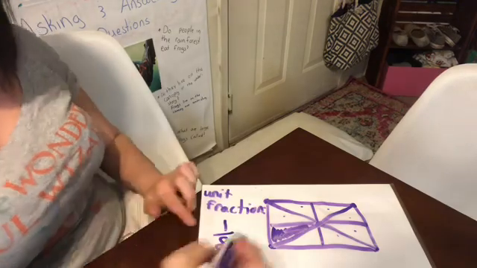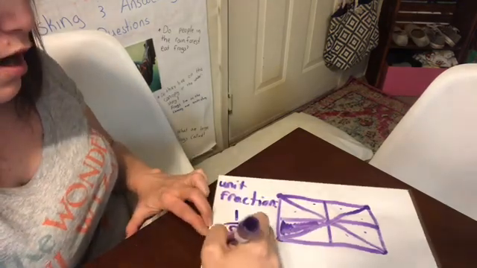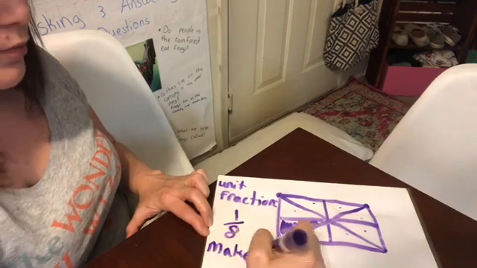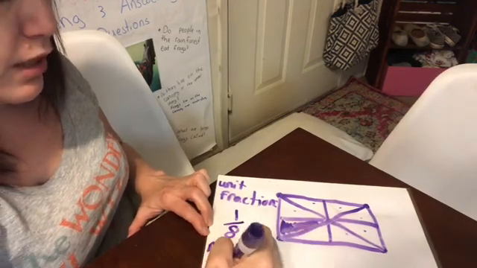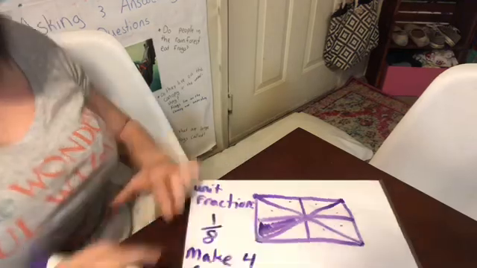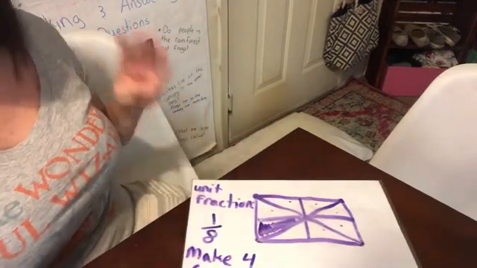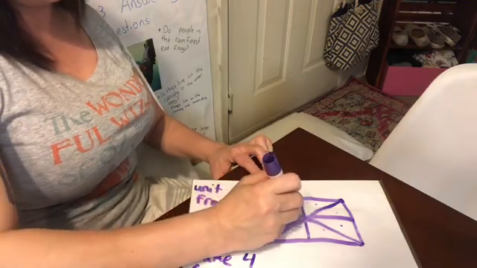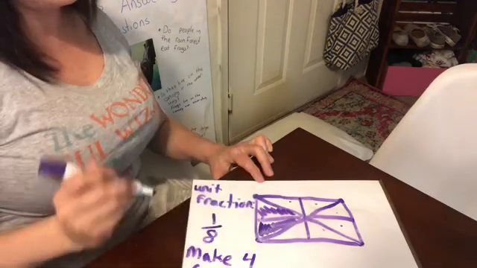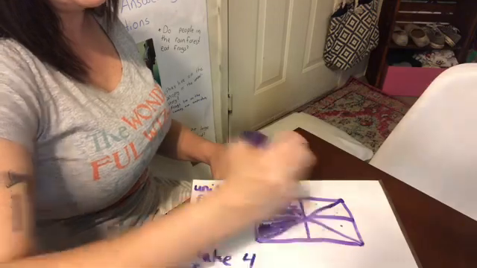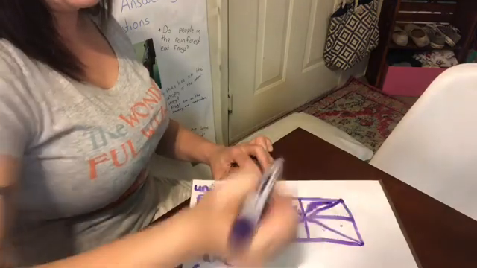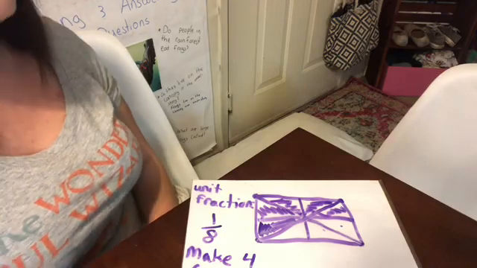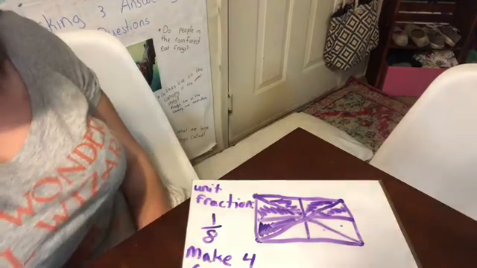I want to now make 4 copies of 1/8. And all that means is I've got 1/8 here, and I'm gonna do that 4 more times. So I'm gonna shade in 4 more parts of this fraction. 1, 2, 3, 4. I have now shaded in 4 copies of 1/8.